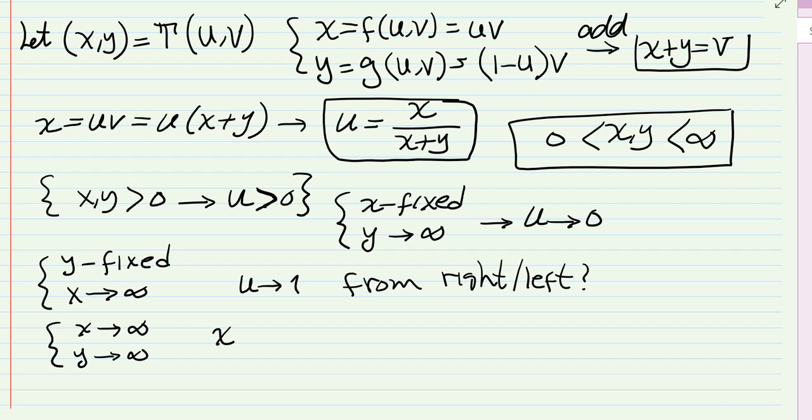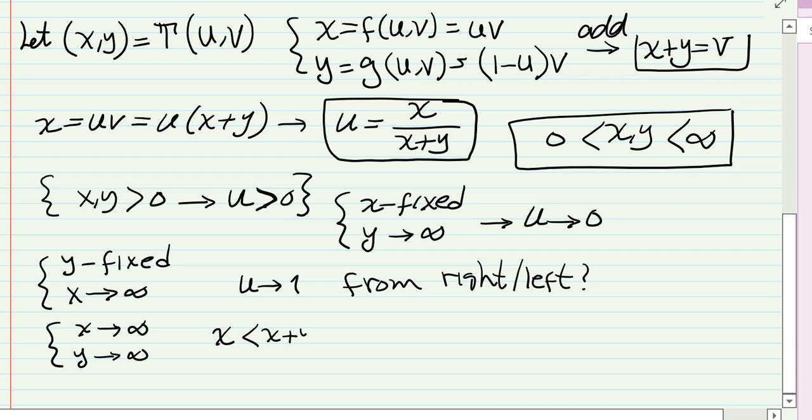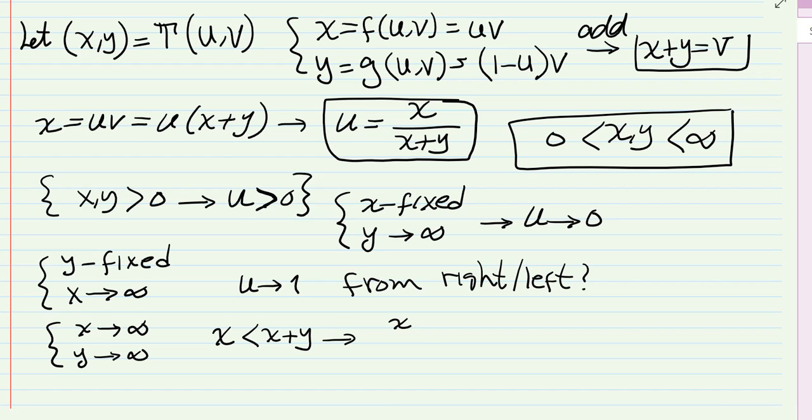And remember, x is less than x plus y, right? Because they're both positive. So that tells me that the ratio, if you divide both sides by x plus y, because x plus y is positive, you don't need to change the direction of the inequality. That ratio is less than 1. So that tells me that u is less than 1. Therefore, it approaches from the left.